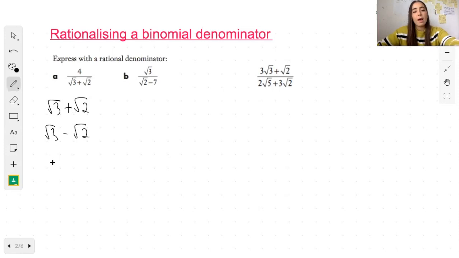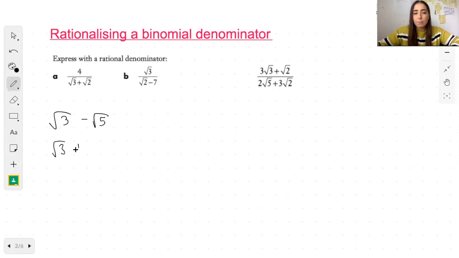So if you have, for example, the square root of 3 minus the square root of 5, the conjugate of this would be the square root of 3 plus the square root of 5. So these values stay the same, but it's just the sign here that changes. So that's the definition of the conjugate.